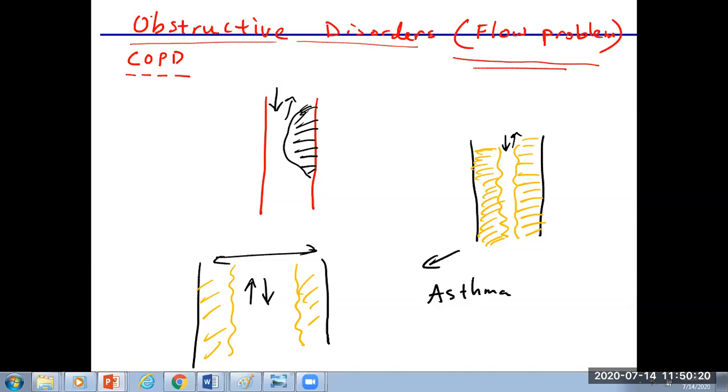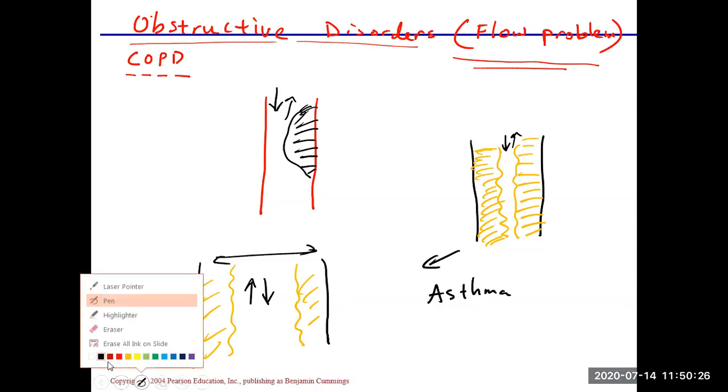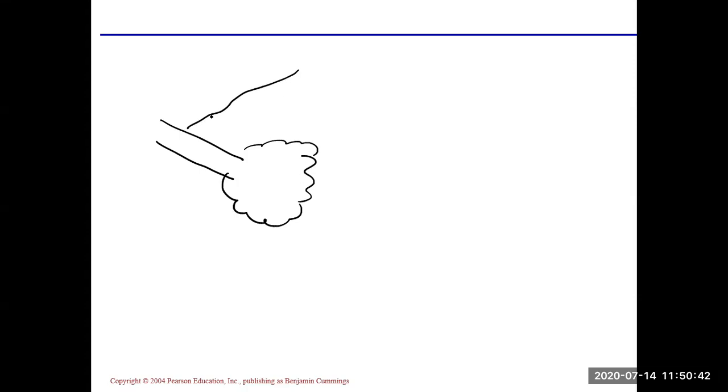A lot of times when you're looking at sympathetic activity, you have the bronchiole, and then the bronchiole leads to the alveoli. There are sympathetic nerve fibers.